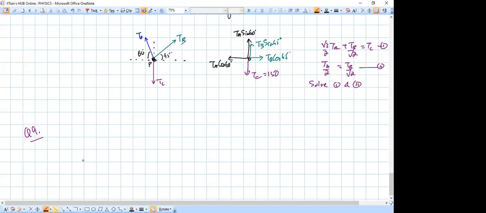So I have this 2 kg block, which is again suspended from the ceiling.